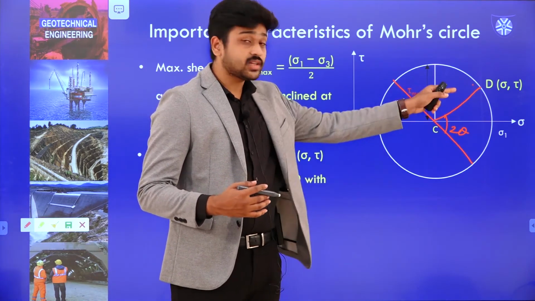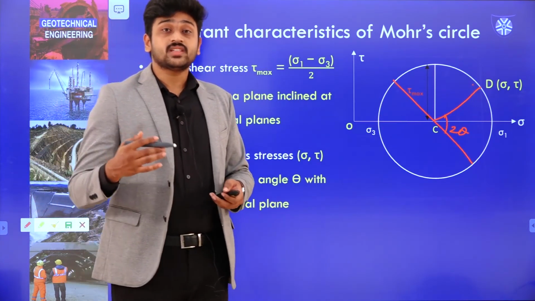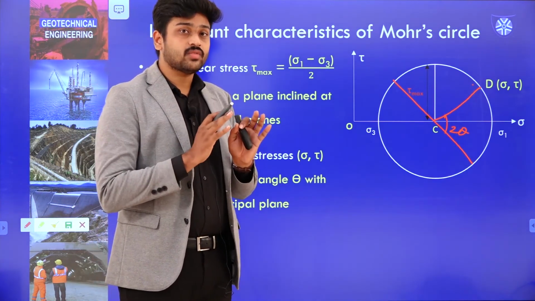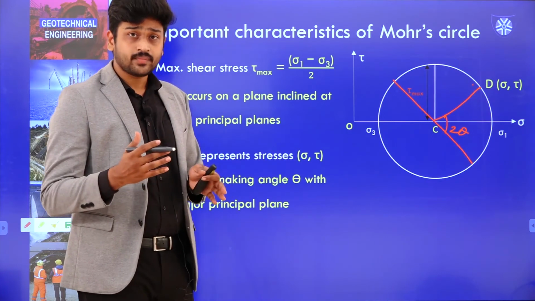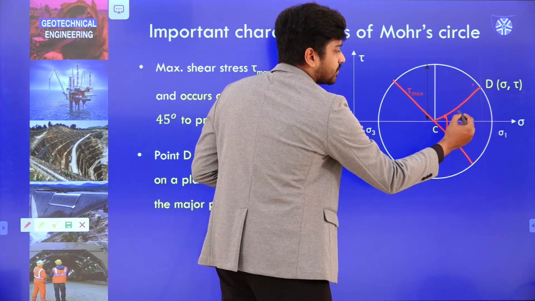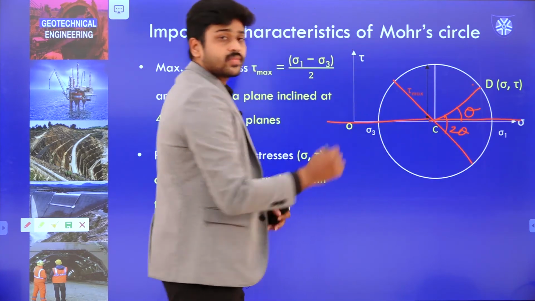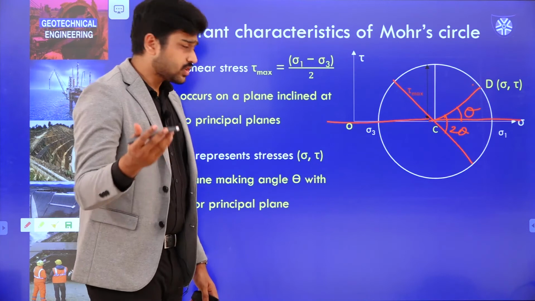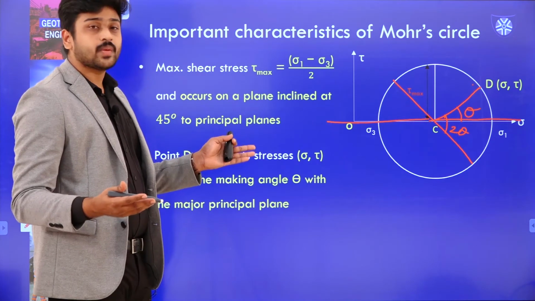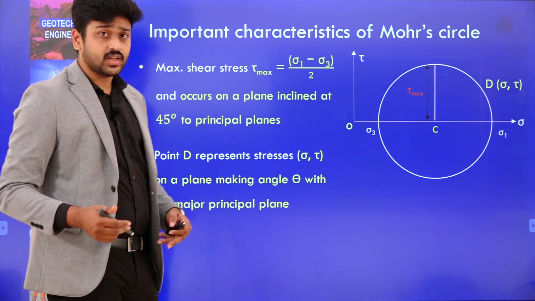This point on the graphical representation will be at a particular distance and at an angle of theta with the major principal plane. That is one of the important characteristics. That is how we find our major principal plane. Say this is making an angle theta here, then this particular region will be my major principal plane. How do we find the minor principal plane? Major principal plane and minor principal plane are always perpendicular, so you can obtain it from that.